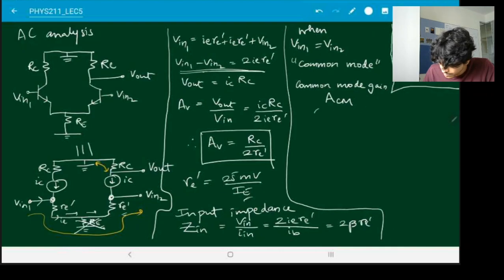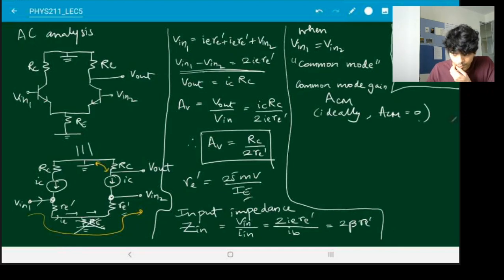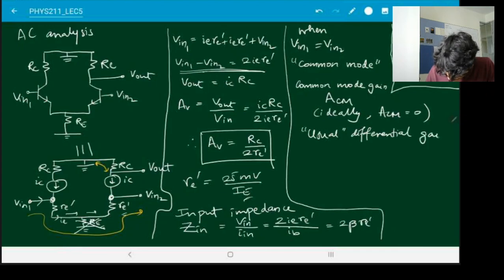So ideally, ACM is 0. And then you take your usual gain, or differential gain, AV.